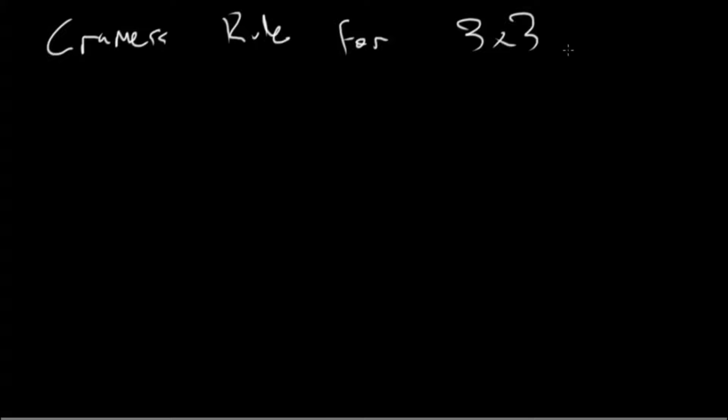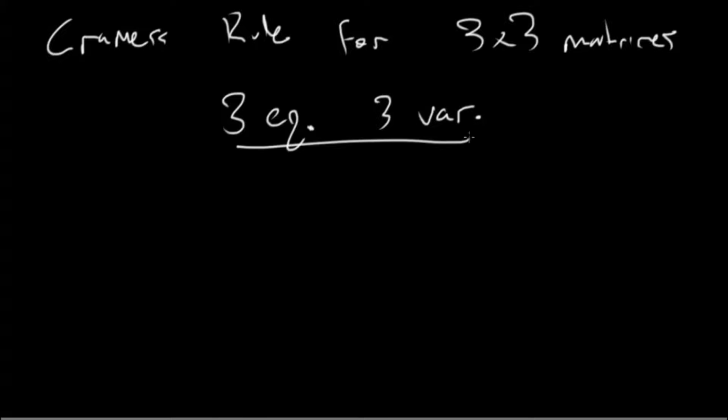All right, so the last thing I want to do in this video is talk about Cramer's rule for 3 by 3 matrices, or systems of 3 equations with 3 variables.